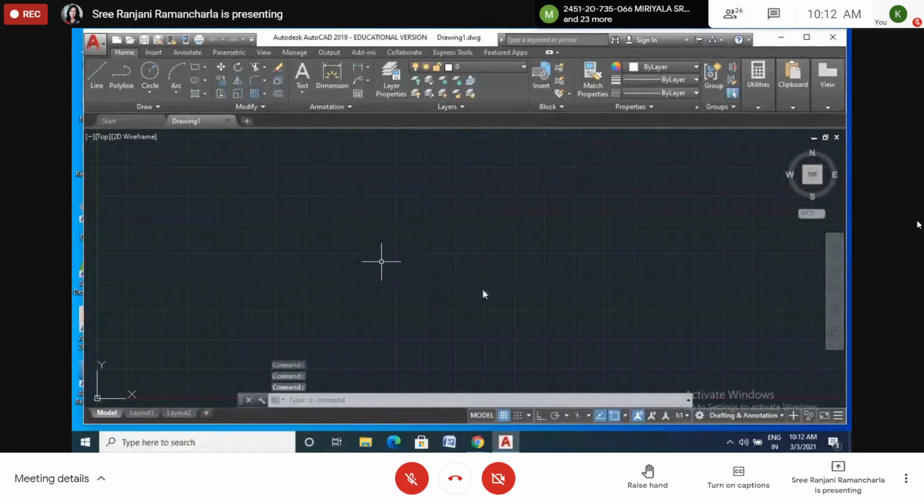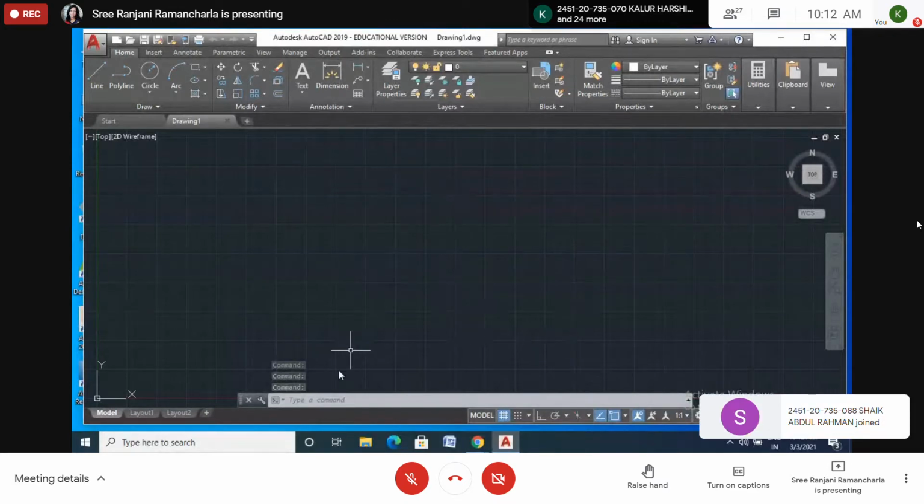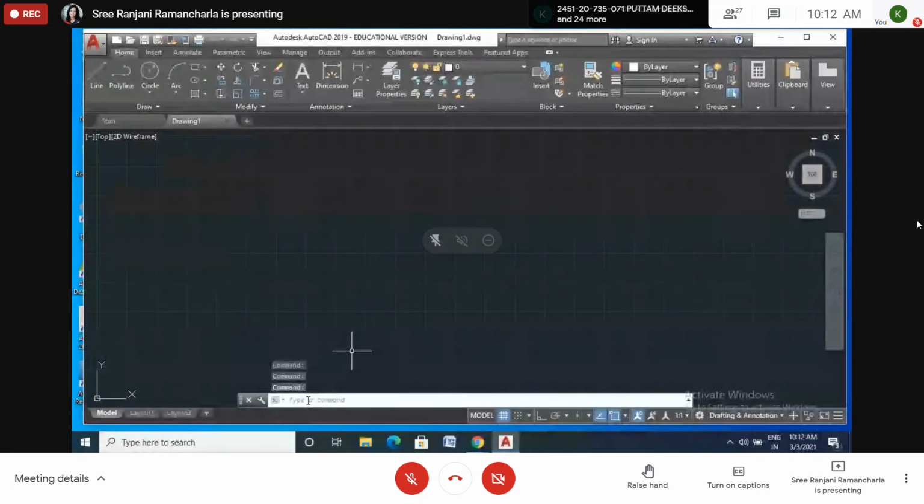Okay. Here, it won't automatically set the units and scales and limits, everything. Here we have to set the units. Please try to understand here. Just type units. If you want to note down, please note down in your notebooks.